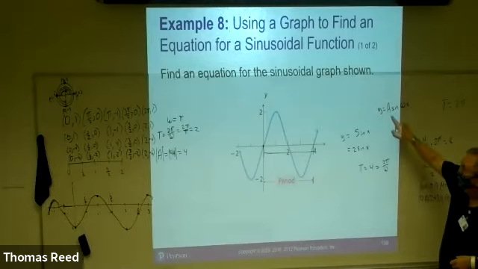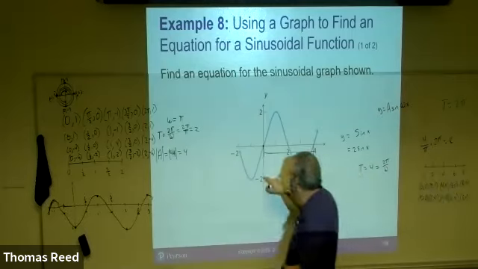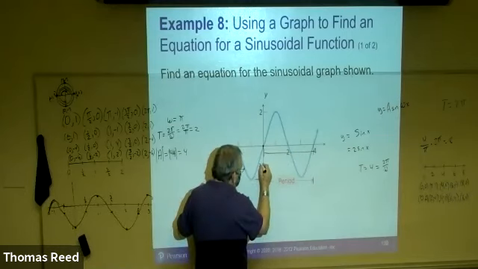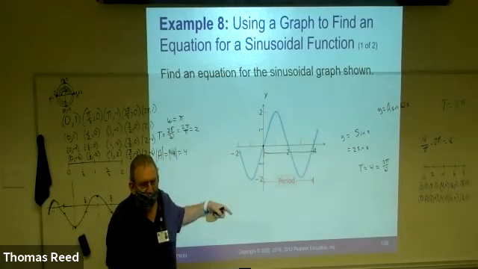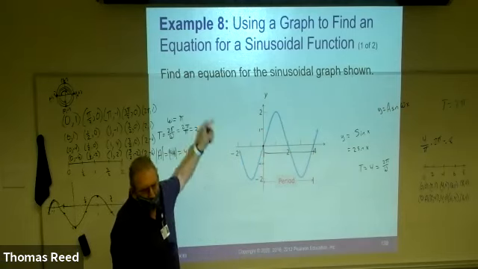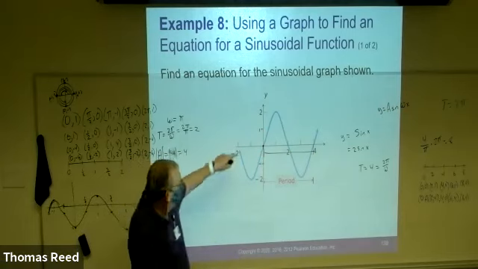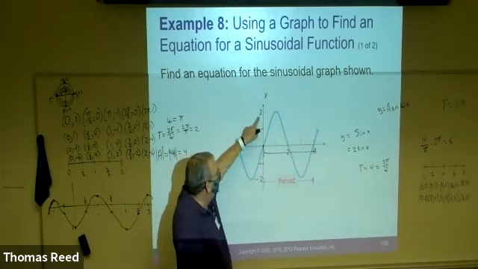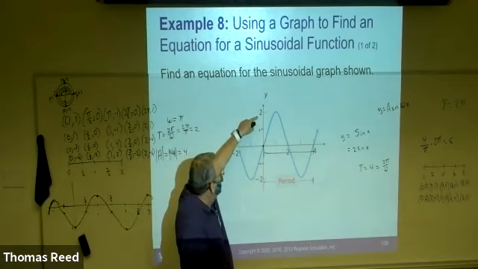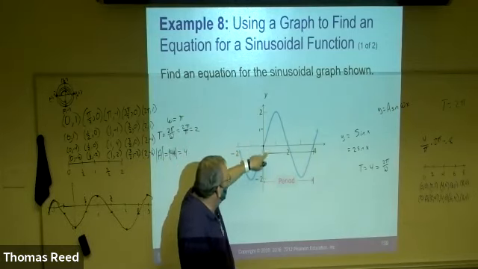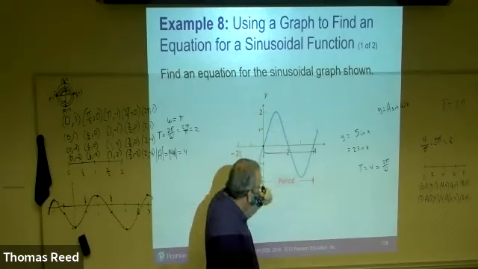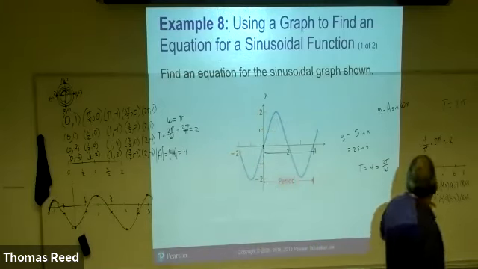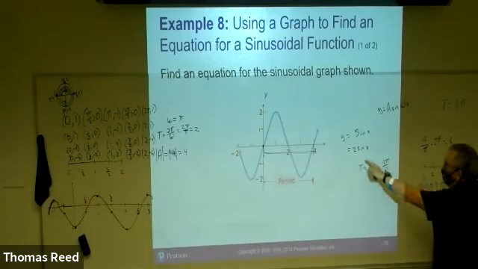We found out what A was simply by seeing where -1 and +1 lined up. Okay, so that's our amplitude. And +1 got multiplied by 2, because it went from here to here. So that's how I got the A part here.